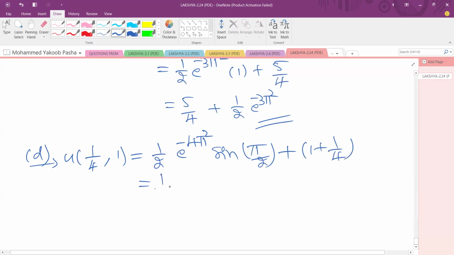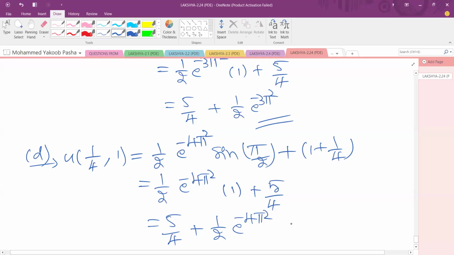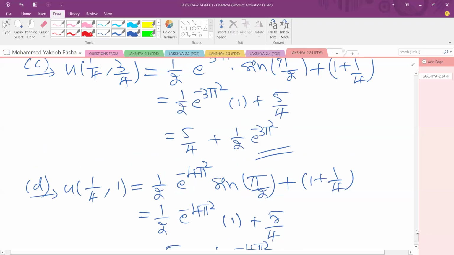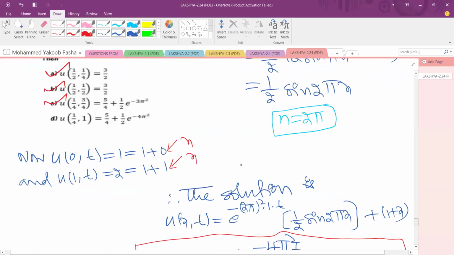So my answer is 1 by 2 into e to the power of minus 4 pi square into 1. This will be pi by 4. So what is the answer? Pi by 4 plus 1 by 2 into e to the power of minus 4 pi square. So option D also correct.